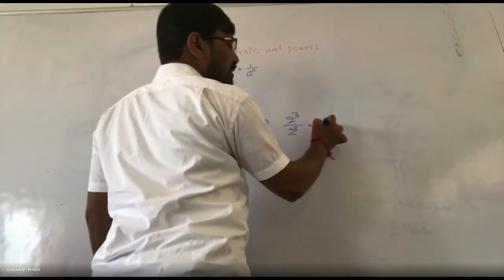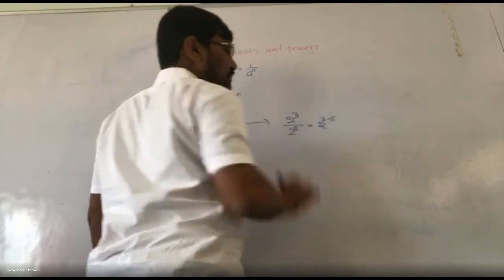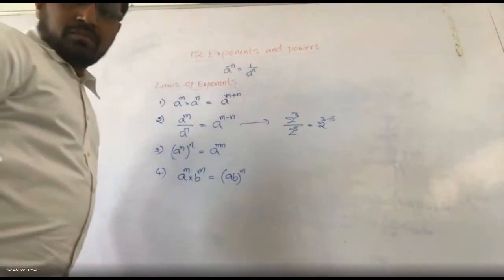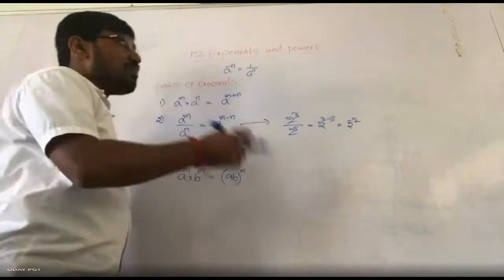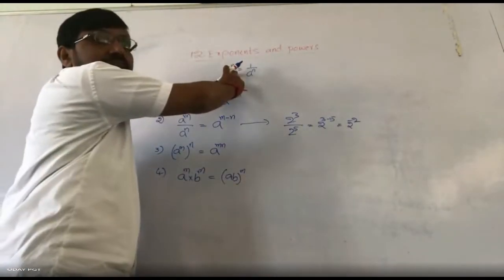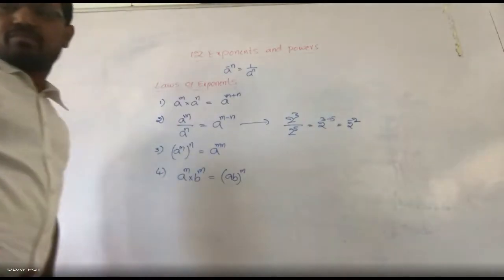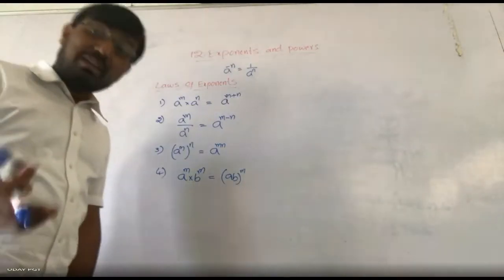I can write 2 power 3 minus 5, which gives 2 power minus 2. Again by using this law, we can write 1 by 2 power 2. So we can write a power m by a power n equals 1 by a power n minus m.